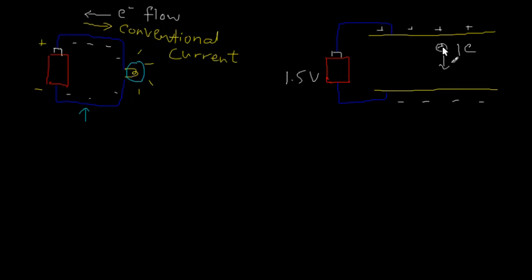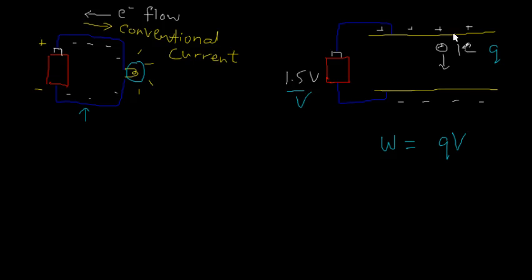Okay, and this means that if this 1 coulomb of charge is allowed to accelerate through this space from one plate to the other, the work done would be, okay, let's write this out. I would represent the 1.5 by V. I would represent the charge there by Q. Okay, and the work done from there to there, you remember, would be the charge times the change in potential, right?